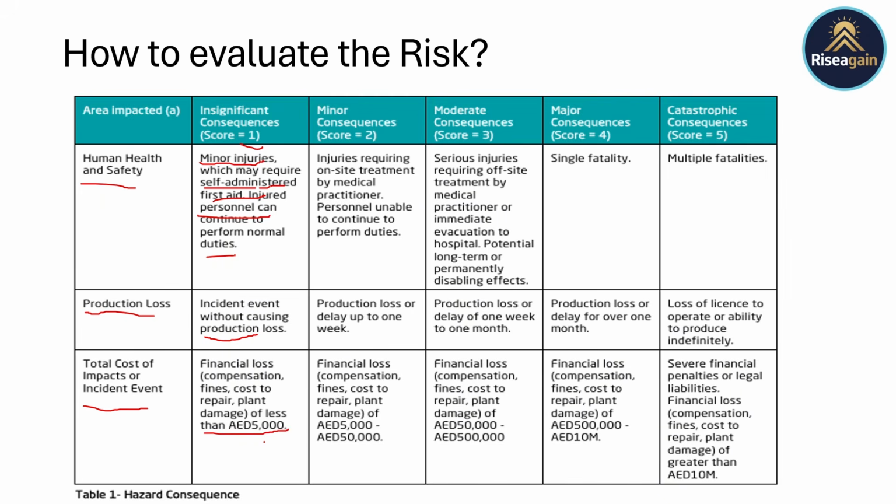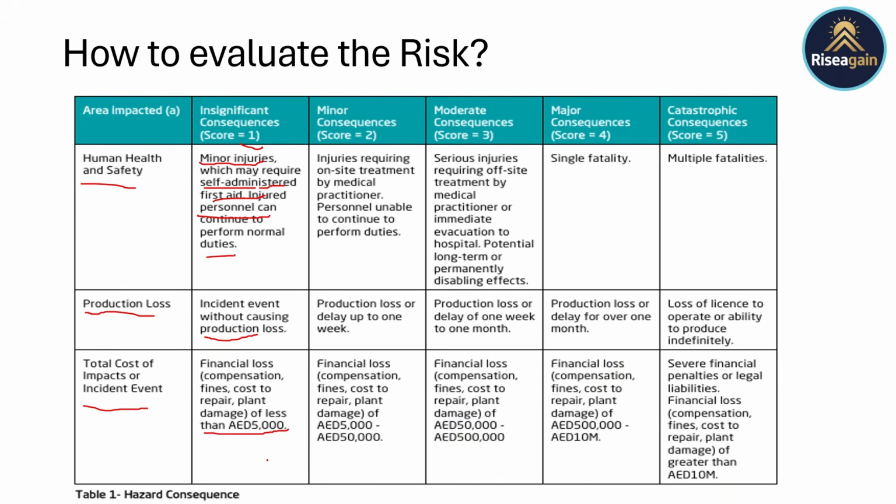Some organizations may not agree with the 5,000 because they will say our currency is in dirhams. So the total project value might be 15,000, or 20,000, or maybe 30,000, because they are subcontractors. So they say, no, 5,000 for us is minor or could be moderate.